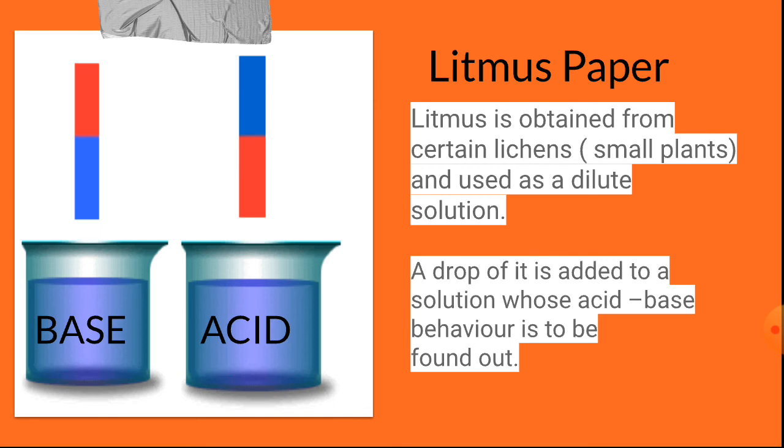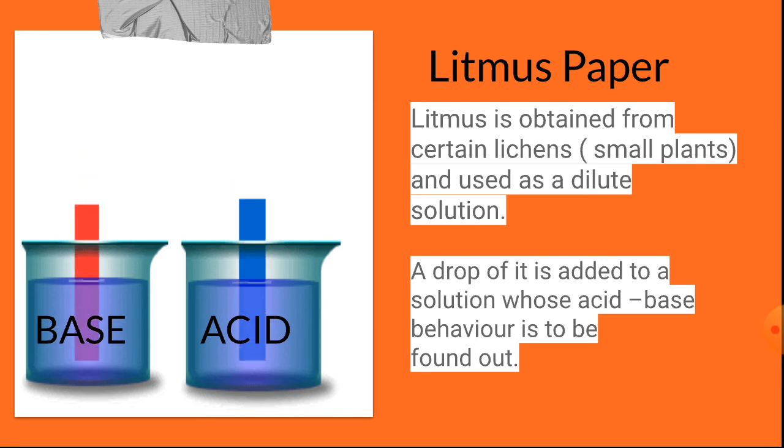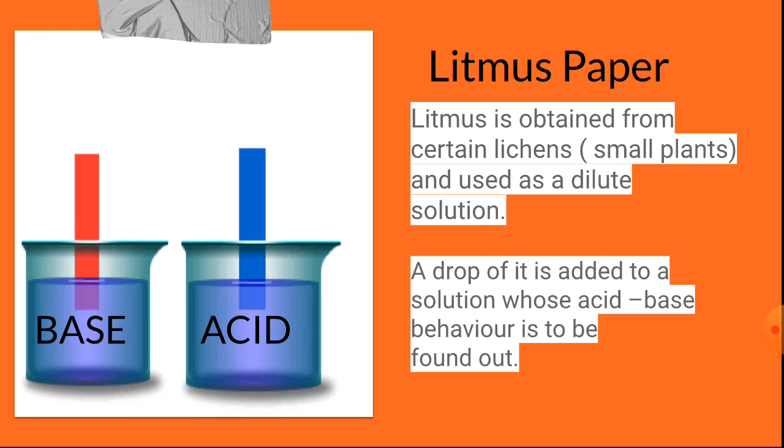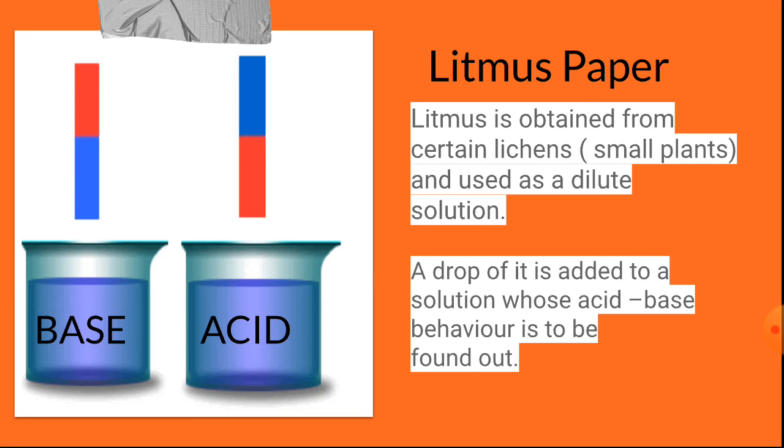Here on the left hand side there is one animated graphic picture. Here there are two containers. The first container is labeled as base and the second container is labeled as acid, which means the first container contains base and the second container contains acid.